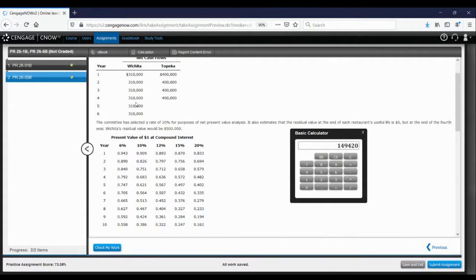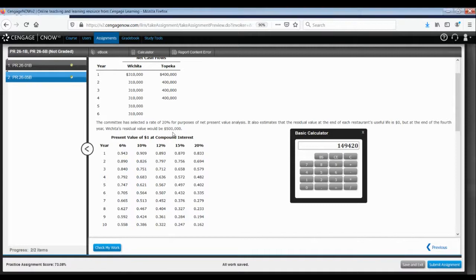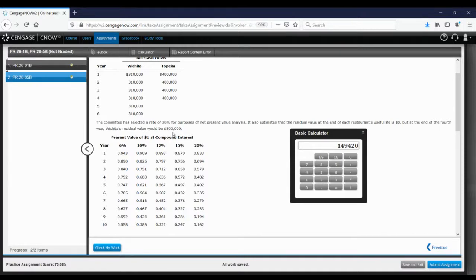But at the end of that 4th year, there would be a residual value of $500,000. There's another cash flow that we could expect if we sold the asset for its residual value of $500,000.